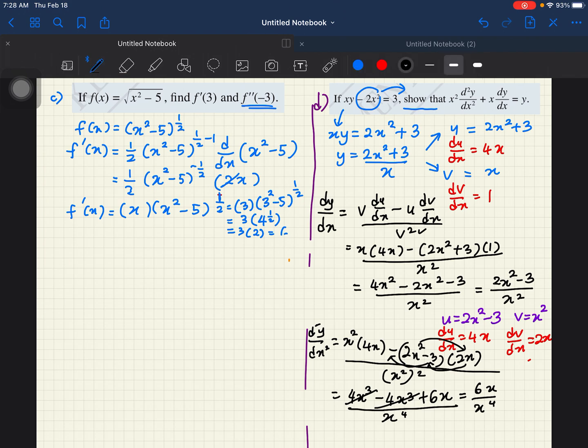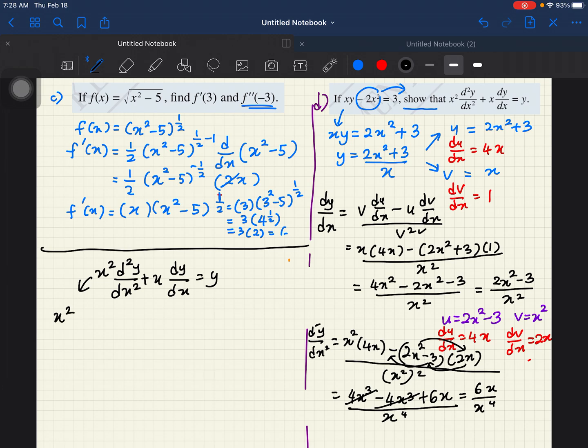Okay. Right. So, you'll get, let's say, x square. I'm going to rewrite d square y over dx squared plus x dy over dx equals to y. Kita nak provekan bahawa jawapan ni mesti equals to y. So, kita ada x kuasa 2. Apa dia d squared y over dx kita?